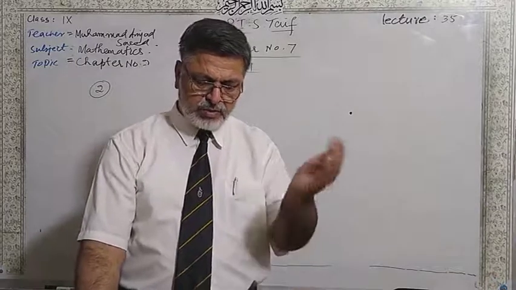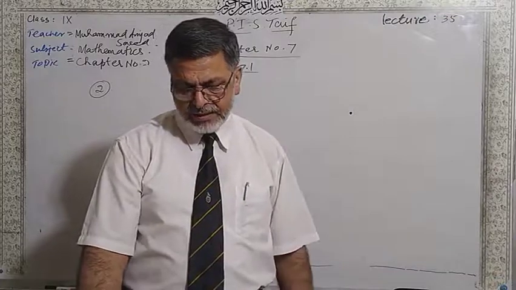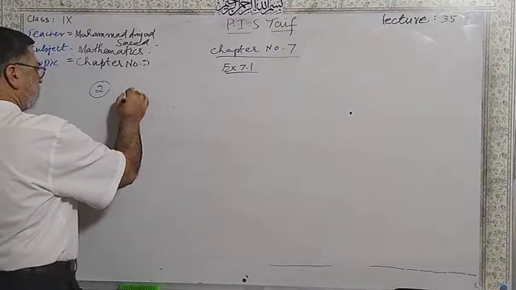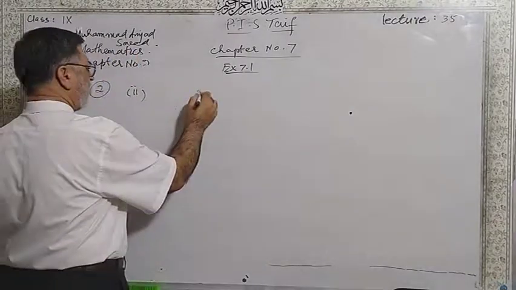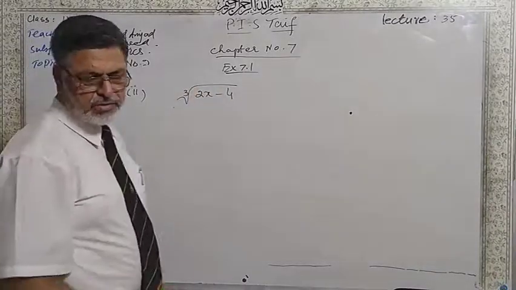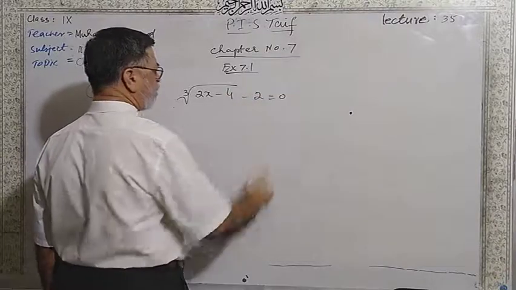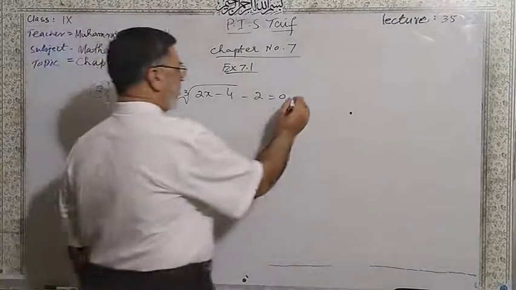Because you will bring this 2 on the other side and take square on both sides and simplify. It is better to take part number 2. Part number 2 is cube root of 2x minus 4, minus 2 is equal to 0. This is your equation number 1.